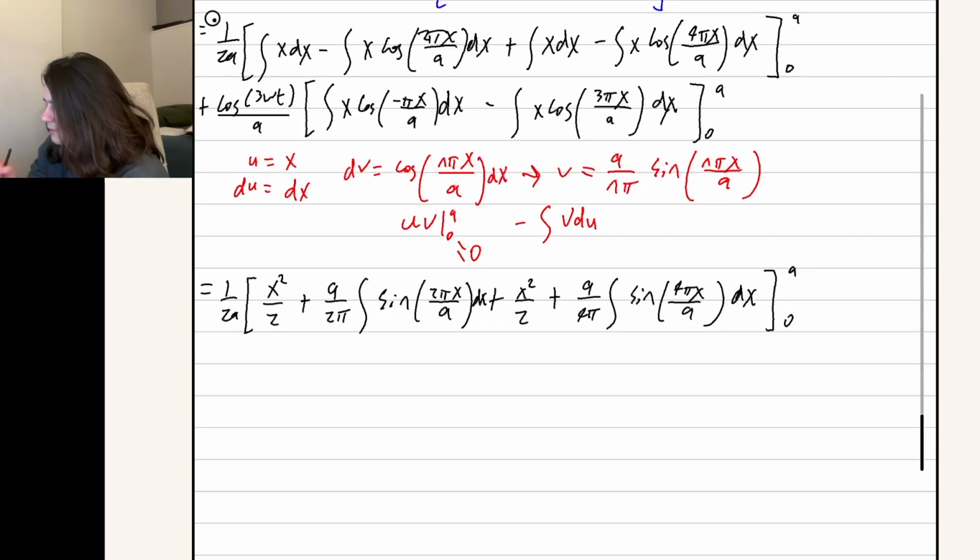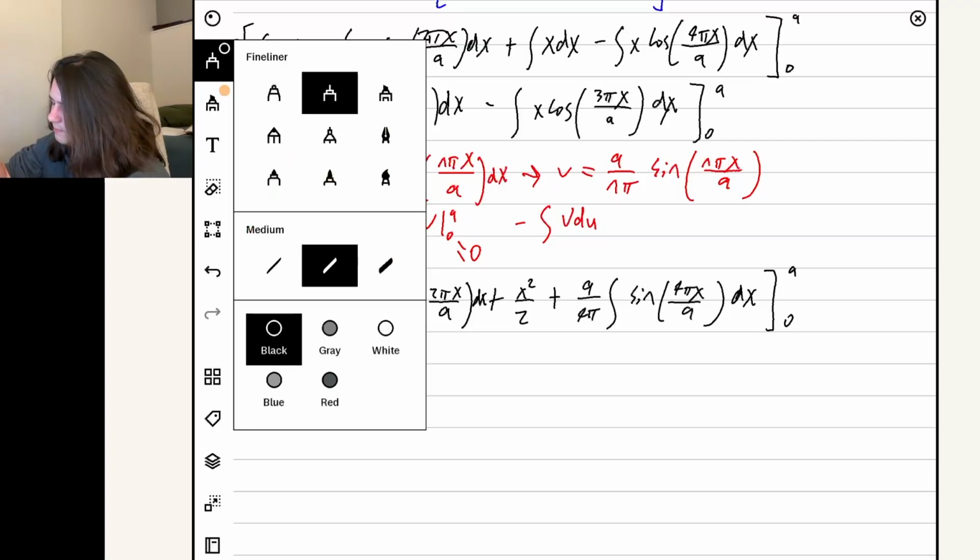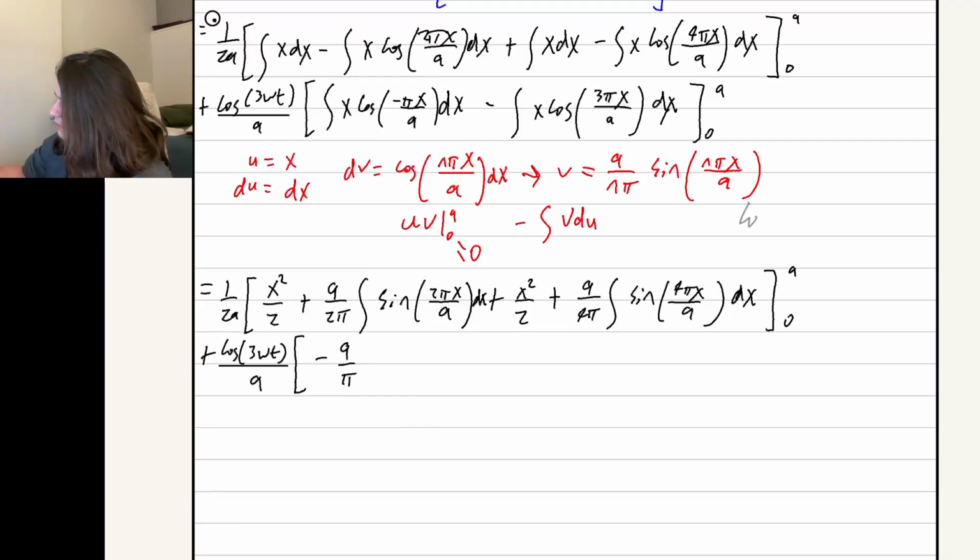We also got this plus cosine 3 omega t over a. But in here, again, we're ignoring the uv stuff, so this is going to be minus just a over pi. Let me make a note here that cosine of minus theta is equal to cosine of theta.